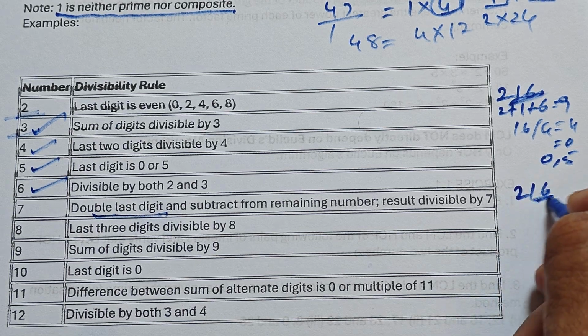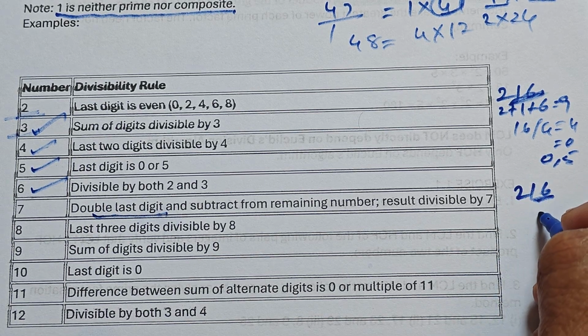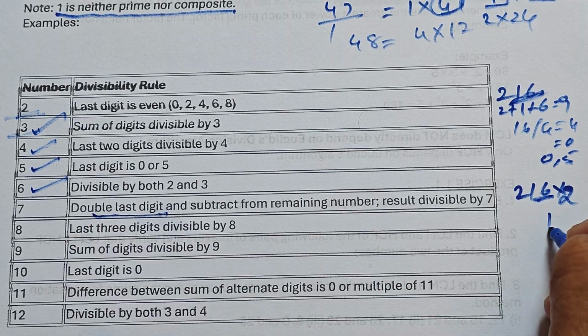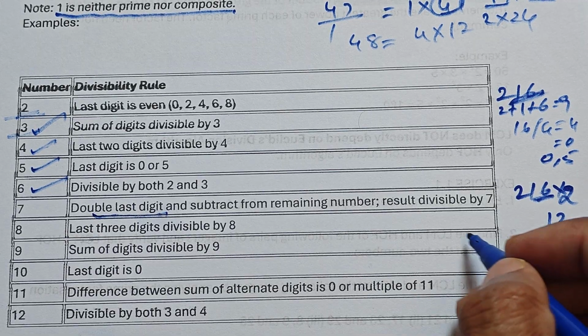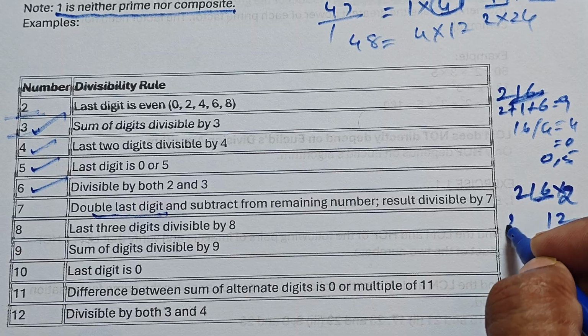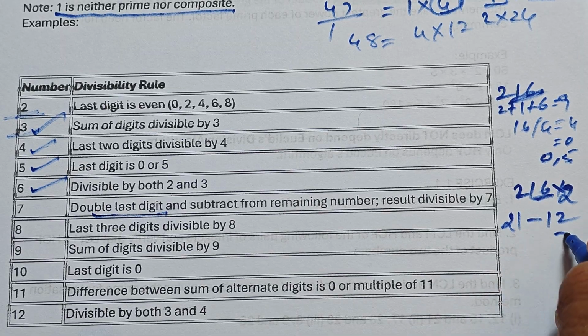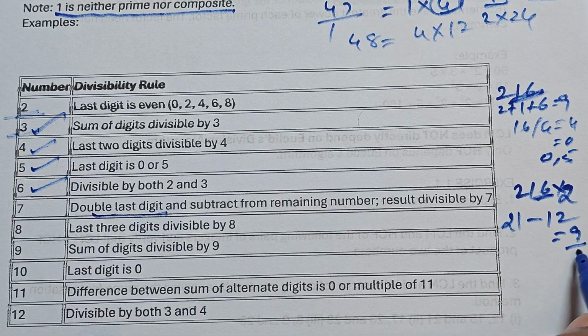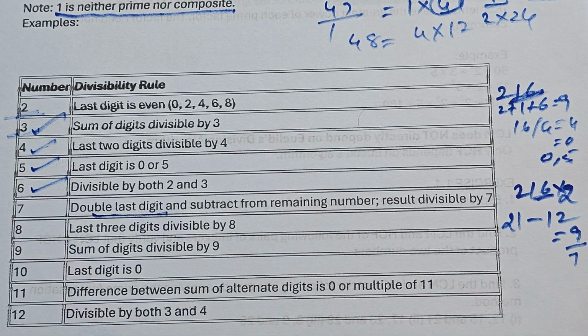In 216, this is the last digit, 6. If we double this last digit, it is 12, and subtract from the remaining number. The remaining number is 21. 21 minus 12 is equal to what? It is 9. Is this result divisible by 7? No. So when the result is not divisible by 7 like that, the number is not divisible by 7.